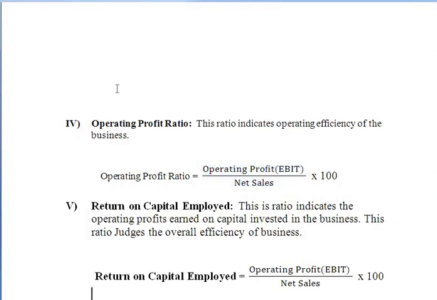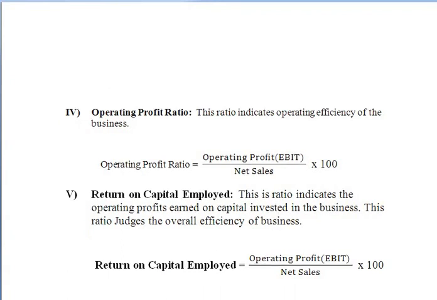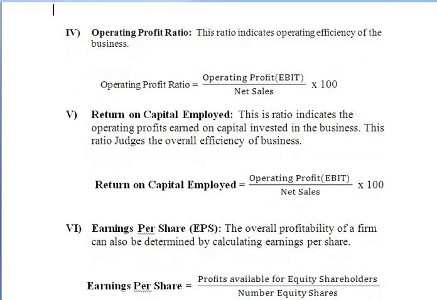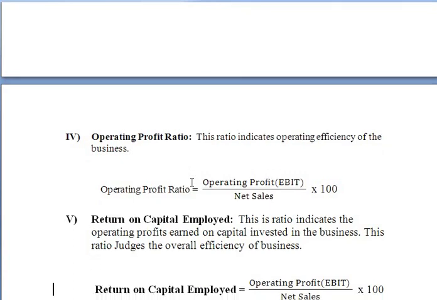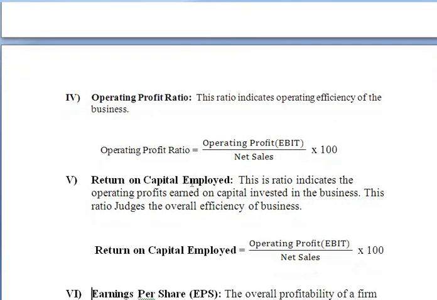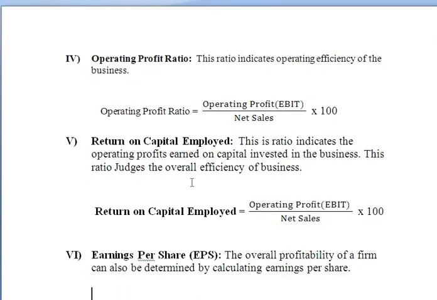The fourth profitability ratio is the operating profit ratio. By studying these ratios we will understand the entire profitability ratio classification, and if there is any question on these four ratios, you will be able to answer.